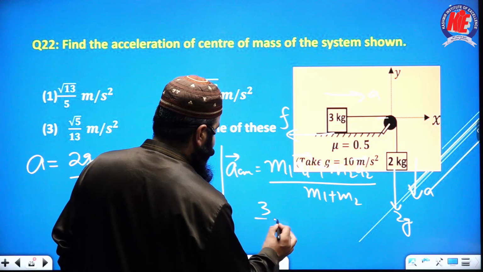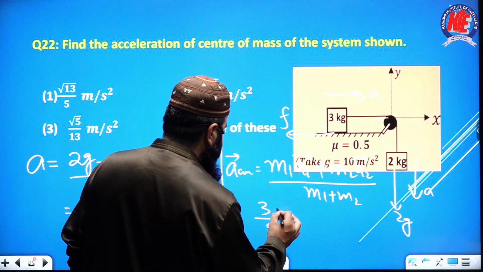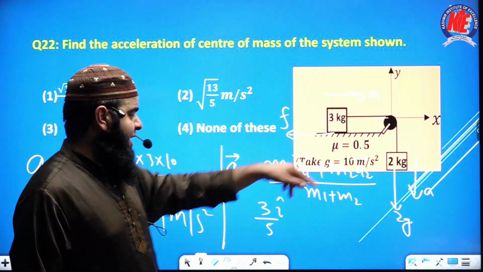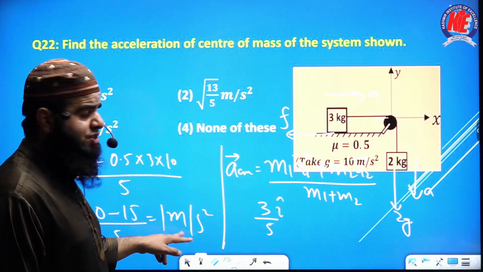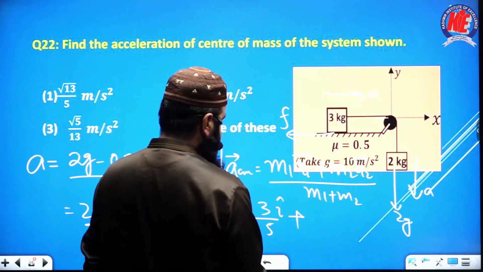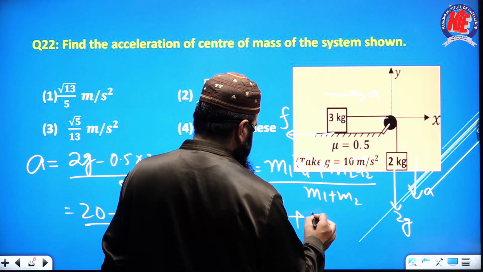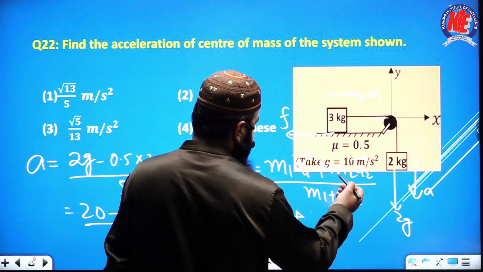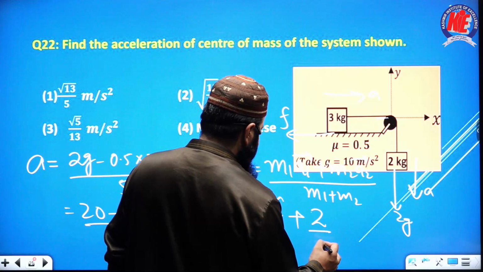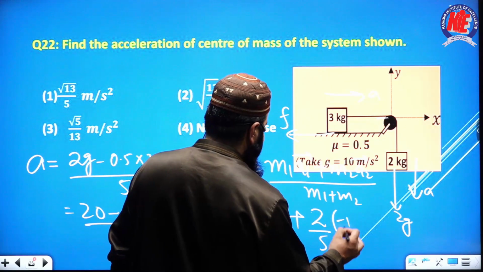If I'm not wrong, I can write it as 3 by 5 with the i cap. इधर आइए बेटा, m1a1 इसका mass है 3, acceleration 1 है बेटा, so that's 3 into 1 is 3, और divided by total mass आपका 5, plus इसकी बनेगी बेटा m2, that will be the 2, इसकी एक्सेलरेशन 1 है, ठीक है, और डिवाइड बाय टोटल मास वो आपका कितना है 5 है, then you will go with the minus j cap.